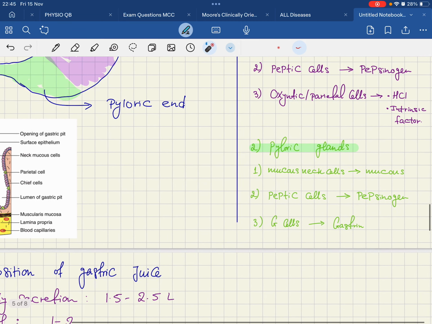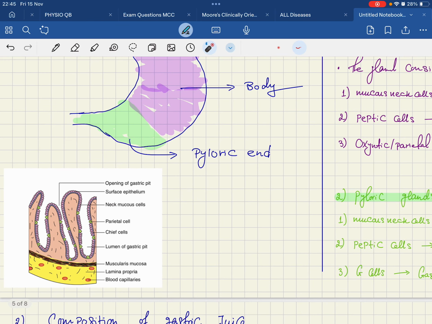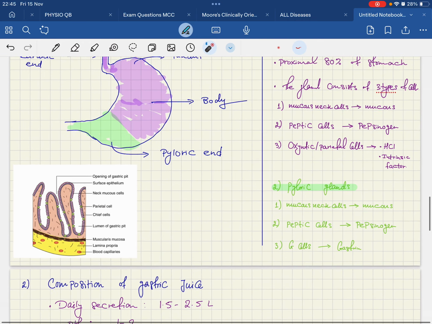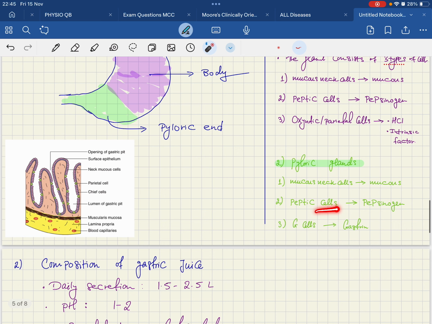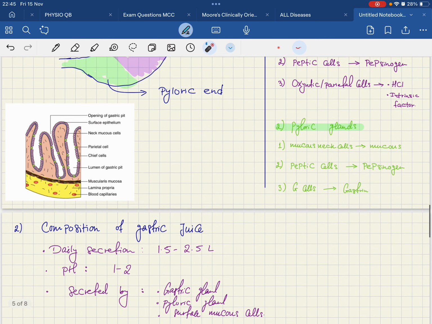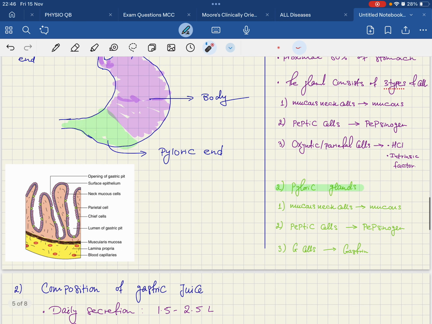And then we'll have the pyloric glands, which are found at the pyloric end. For the pyloric gland, as you can see, the first two are the same. You'll have again mucous neck cells which form mucus, peptic cells which form pepsinogen, and what's different is G cells which release gastrin.